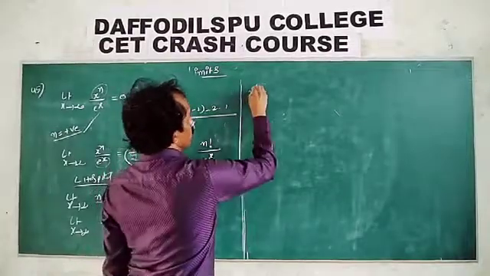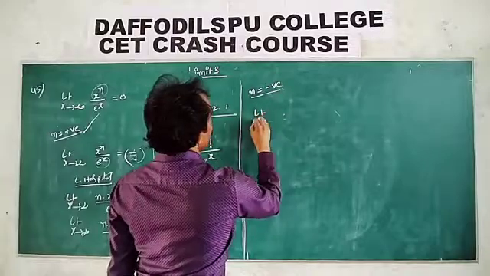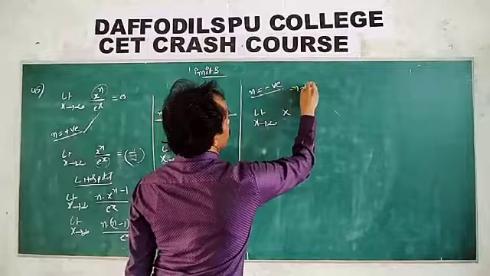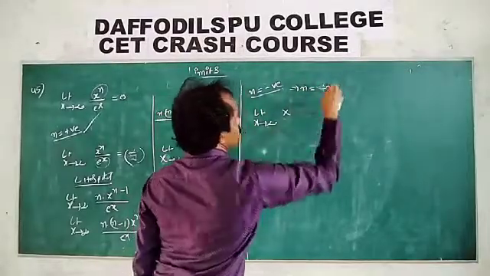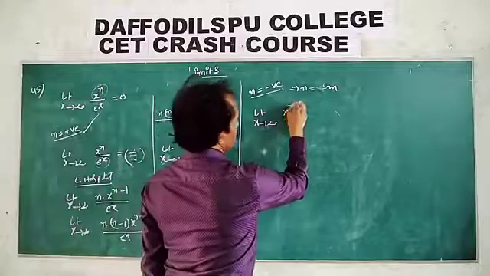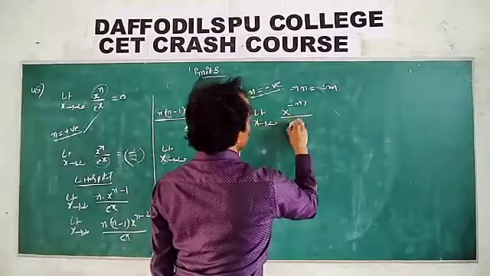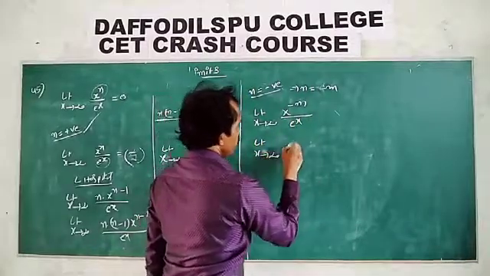Take a negative value. n is negative. Limit x tends to infinity of x^n, where n is equal to minus m. Negative value means some minus m. So x^(-m) divided by e^x, limit x tends to infinity.